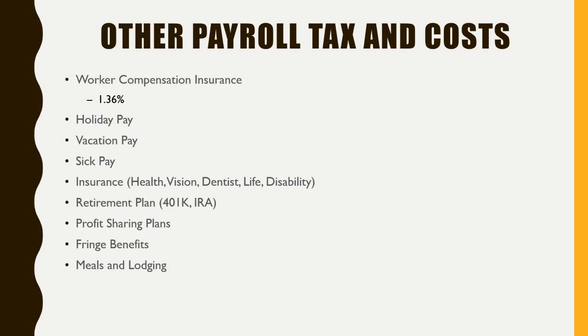So 1.36% is just what I'm going to teach you today for the bare minimum. But again, that will depend on the company you're working for, or if you decided to create your own, this is what you're going to have to consider to pay.